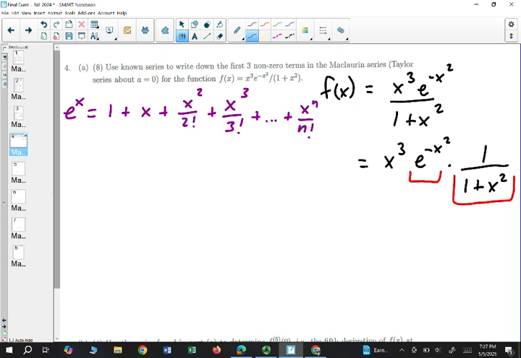Okay, so then what does that mean for us? Well, instead of e to the x, we have e to the negative x squared, so it's basically like replacing x with negative x squared, right? And same thing in the formula. We'll have 1, then minus x squared.